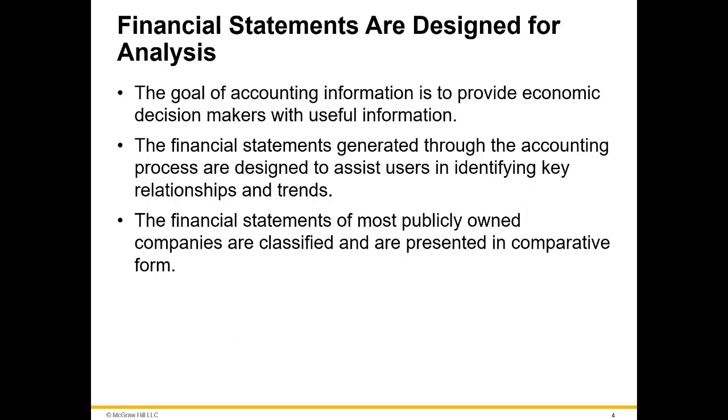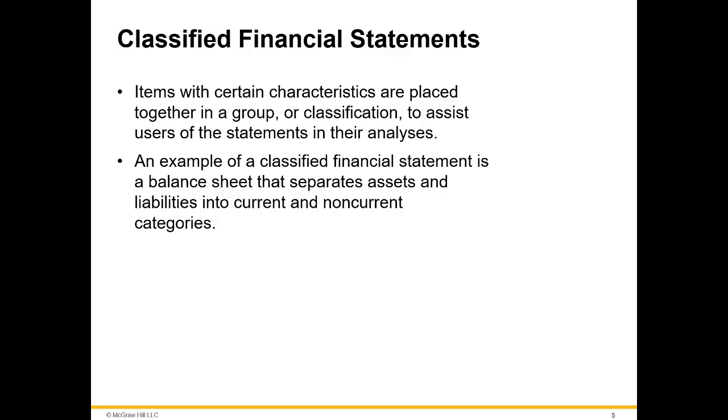So the goal of accounting information is to provide useful information to decision makers, and the financial statements are generated and designed to assist users to identify key relationships and key trends. We note that financial statements of most publicly owned companies are classified and presented in comparative form. And so we want to look at certain items in a group or in classification to assist us.